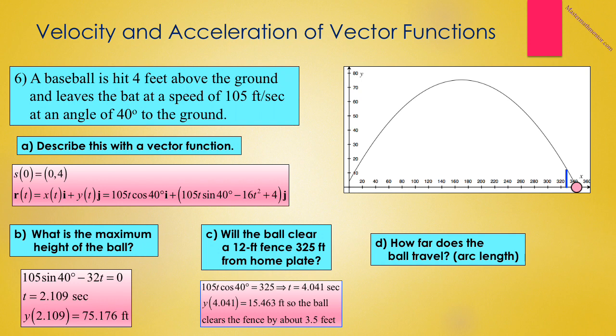So we set our x component equal to 325. 105t cosine 40 degrees equals 325. Solving for t, we get t is equal to 4.041 seconds. We then find the height of the ball at 4.041, and we get 15.463 feet. So the ball clears the fence by about 3.5 feet.